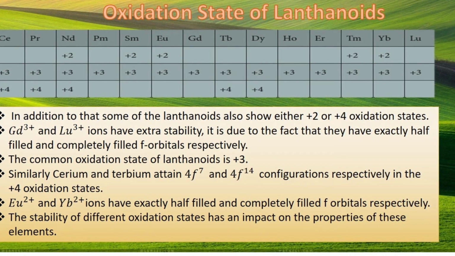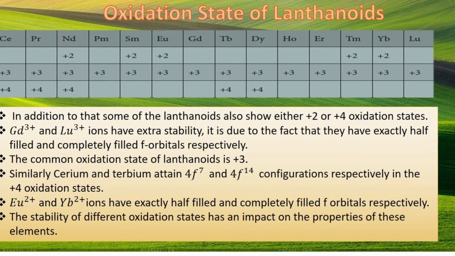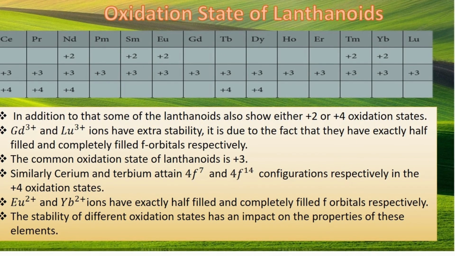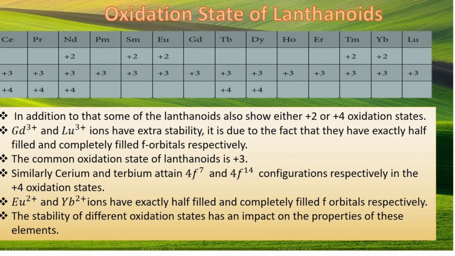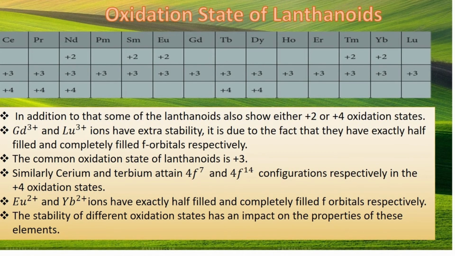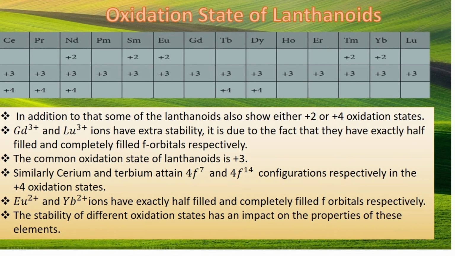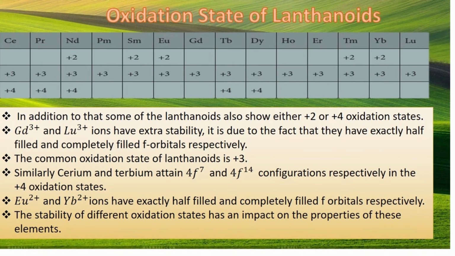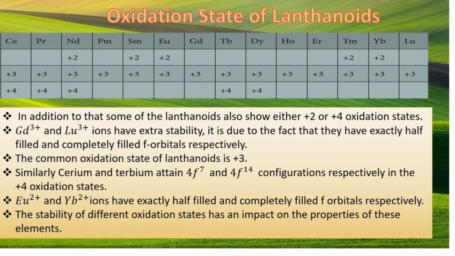For example, europium exhibits the +2 oxidation state because on losing its 2 electrons, it attains a half-filled f orbital. Similarly, cerium exhibits the +4 oxidation state because on losing 4 electrons, it attains the noble gas configuration, that is the xenon configuration.